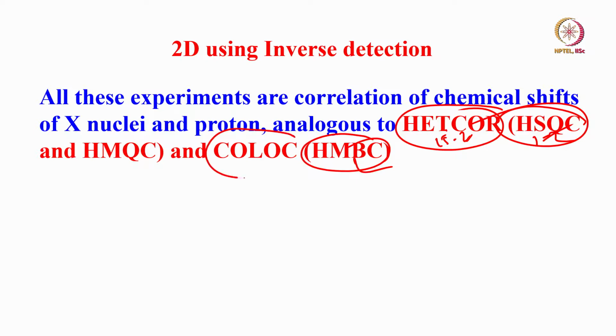The direct experiment for this is called COLOC, correlation of long range coupling. Long range coherences can be correlated.